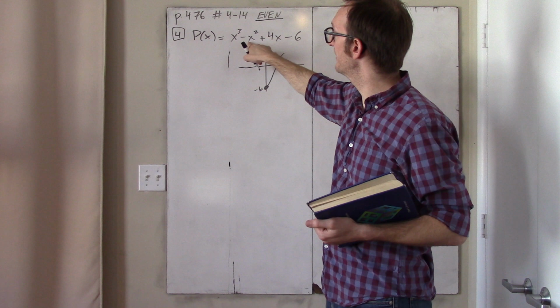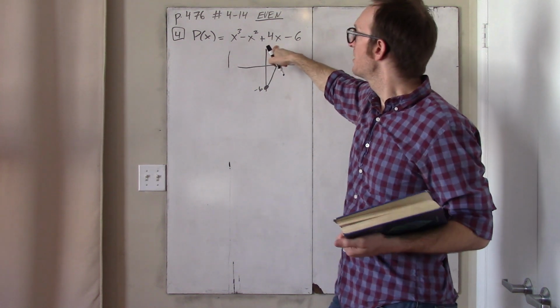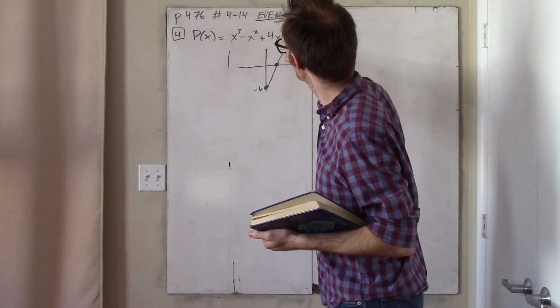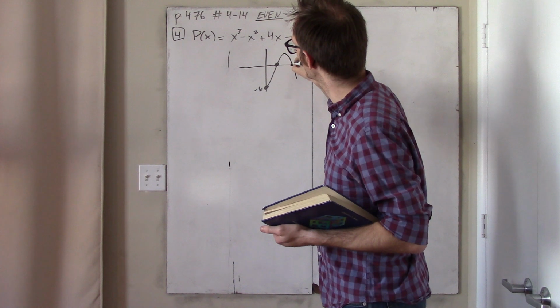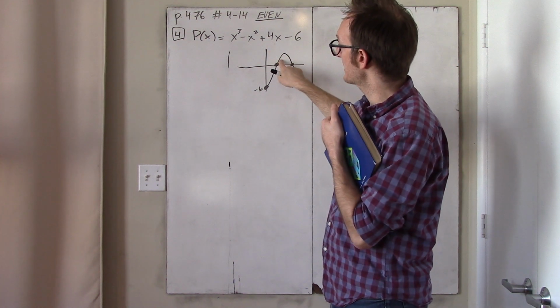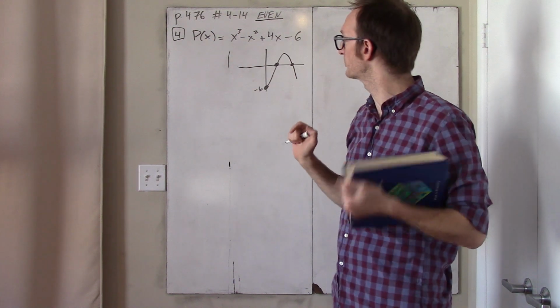Then the quadratic term, which is destined to eventually overpower the linear term, since it has a negative coefficient, is going to drag this function back down again. So if it's crossed the x-axis, creating a root, then this will eventually take over, creating another root.